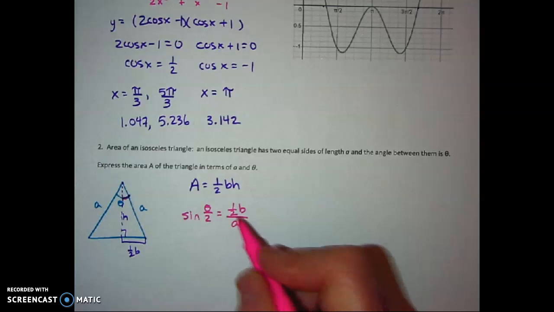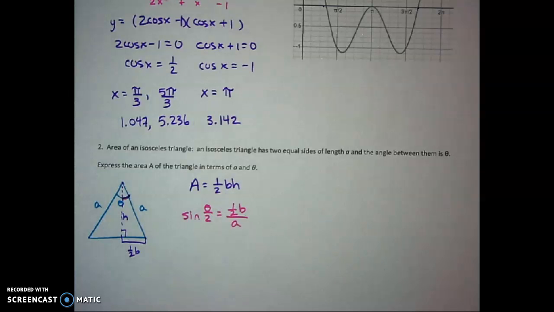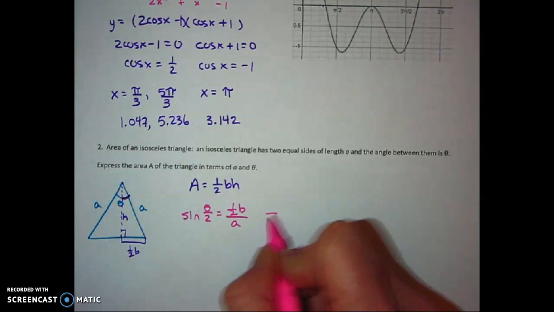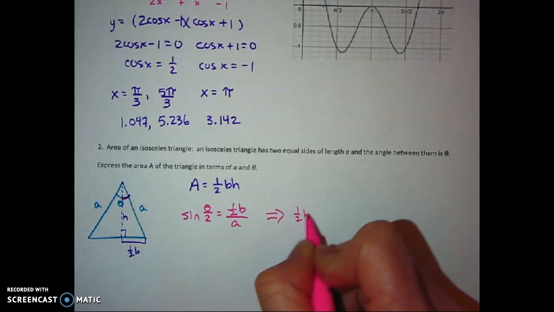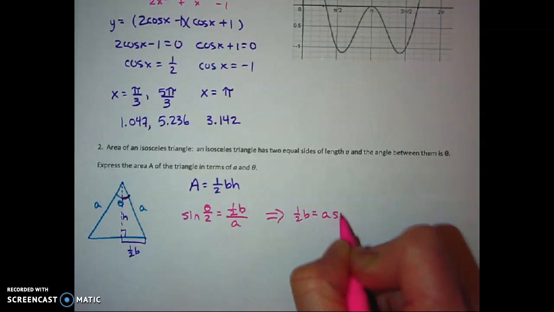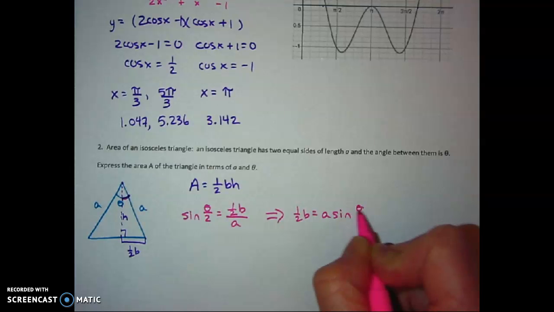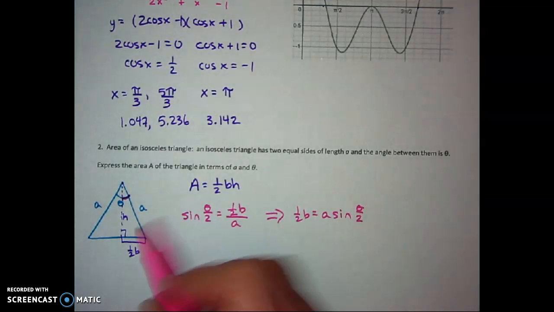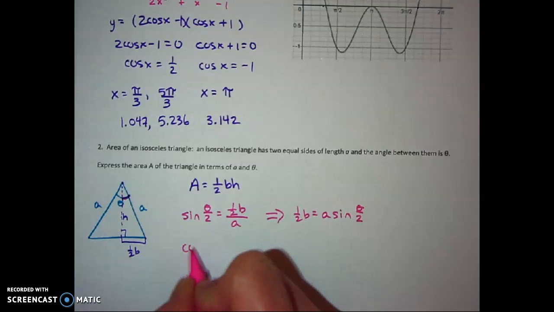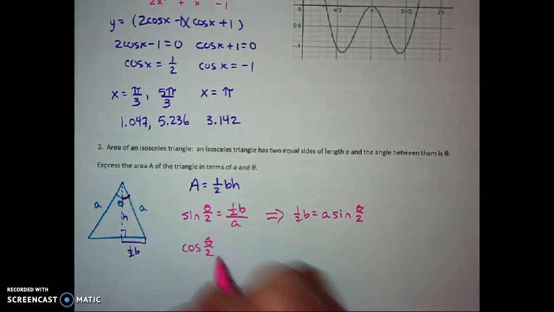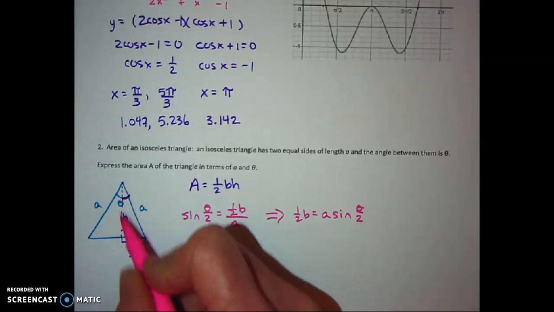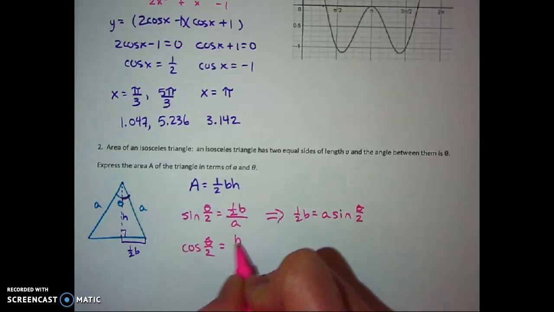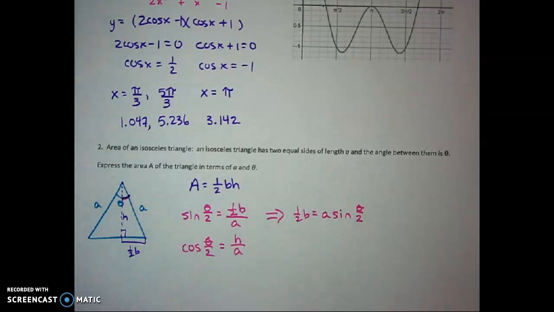Now if I solve this for the 1/2 b, because in my formula I have 1/2 b, I'm going to find that 1/2 b equals a sine of theta over 2. I can do a similar thing to find my h. I can take the cosine of theta over 2, and that's the adjacent side, so h over a, the hypotenuse.